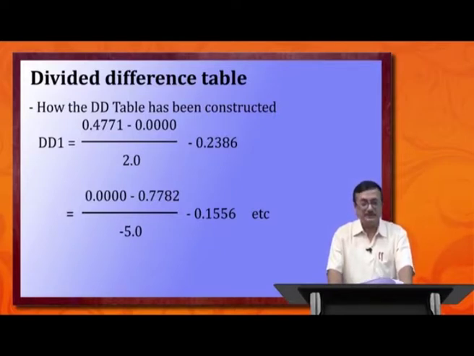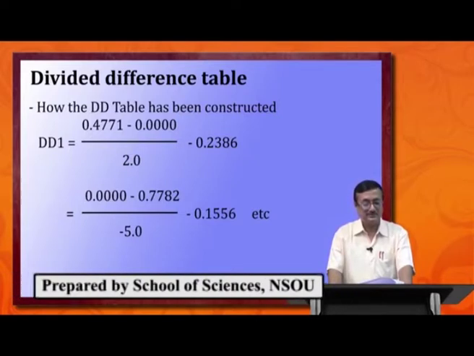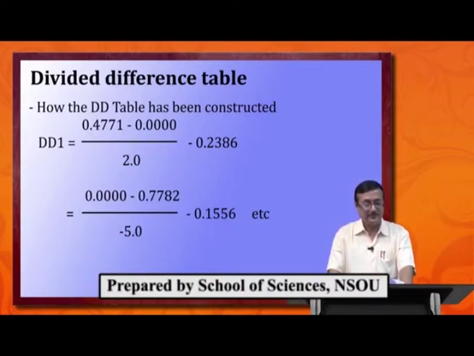How does the figure 0.1556 come? It is (0 minus 0.7782), that is y1 minus y2, divided by minus 5, that is x1 minus x2, that is 1 minus 6, that is minus 5.